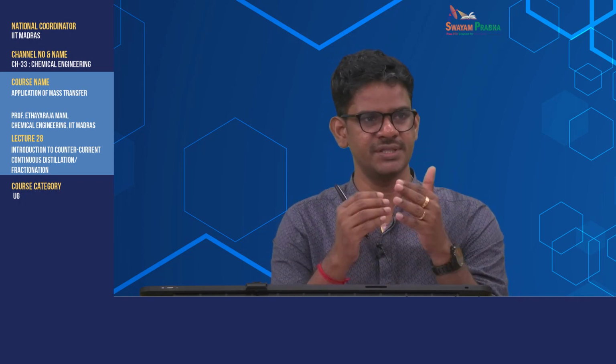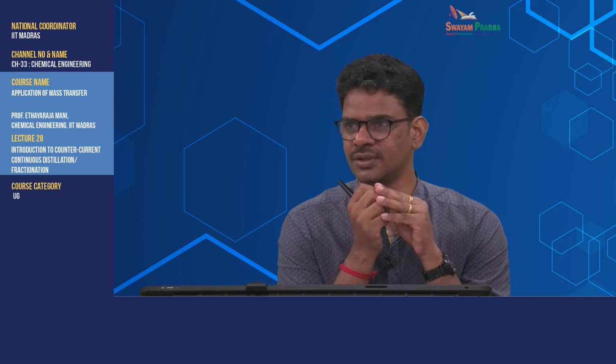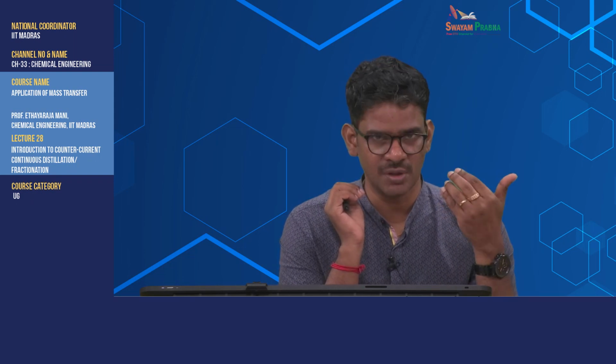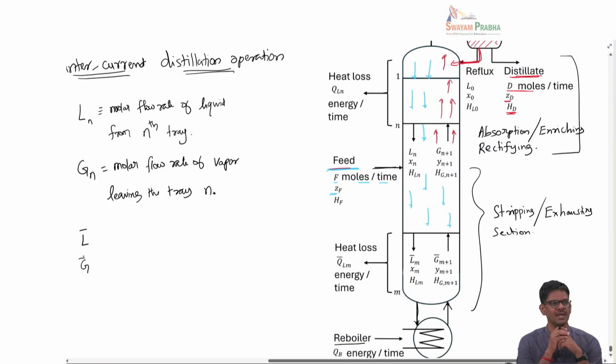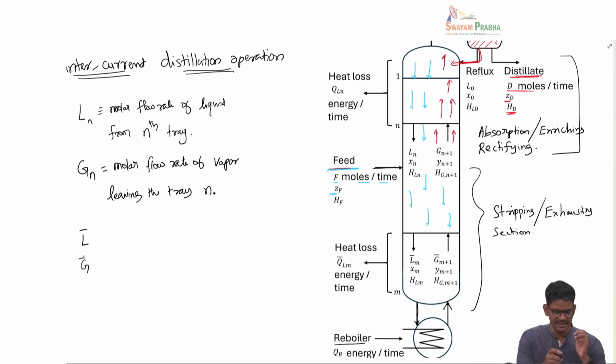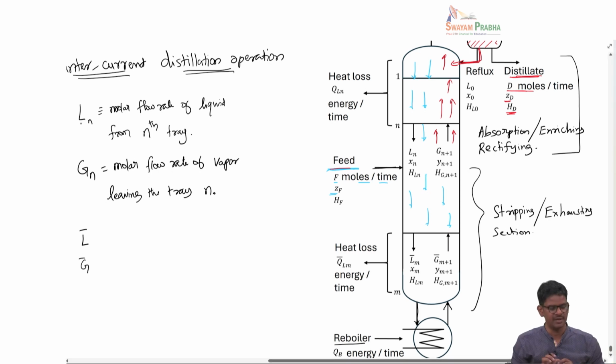In these two sections, because feed is introduced somewhere in between, the flow rates are different now. So you like to distinguish that. So we will use L and G as the flow rates of liquid and gas in the absorption section, and L bar and G bar as the liquid and vapor flow rates in the stripping section. This is mainly because L and L bar, G and G bar could be quite different because the feed is introduced at this point.